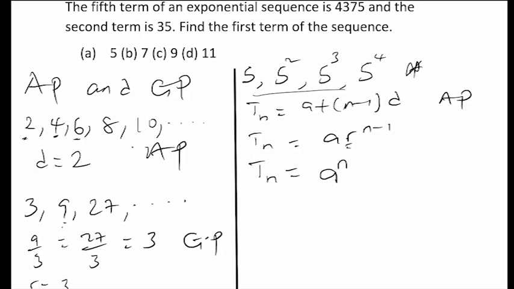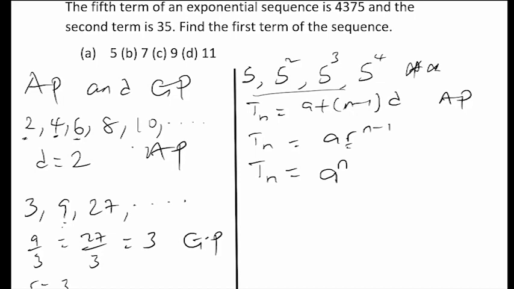In this particular case, a will be 5, but generally a is not 5. It's not a universal value. Here n is the number of terms. So for the second term, n will be 2, so we have a raised to the power 2, depending on what our a is.